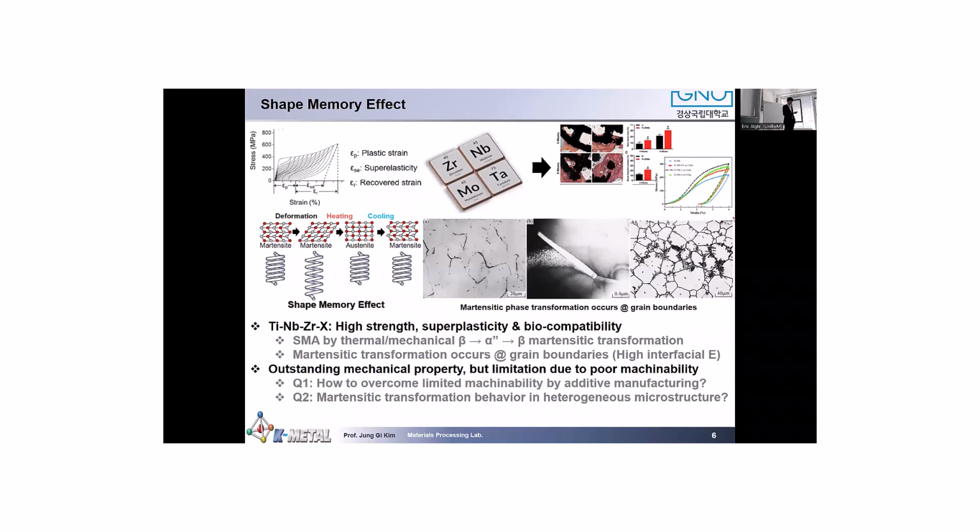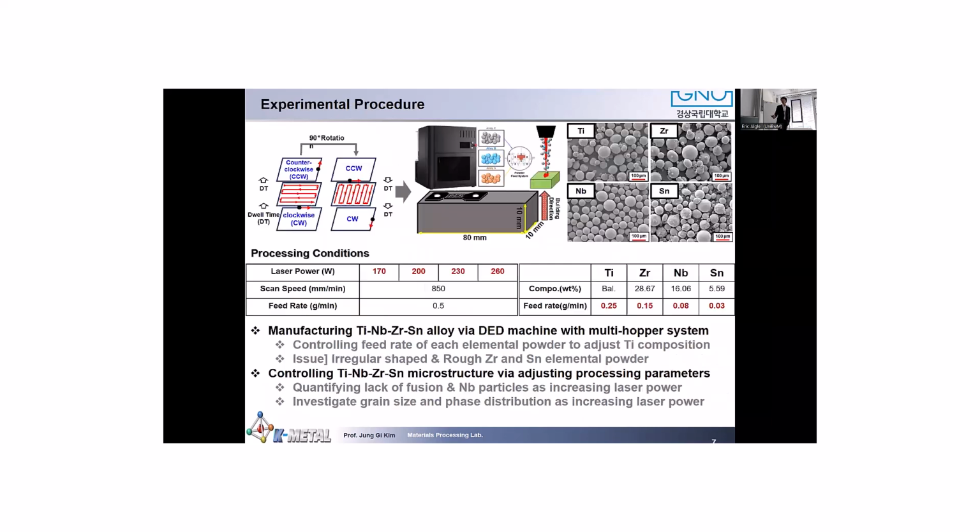Based on these basic concepts, we thought additive manufacturing with this alloy system might be really helpful, not only for removing the machinability issue, but also for studying how the heterogeneous microstructure affects martensitic transformation behavior during plastic deformation or thermal stress.